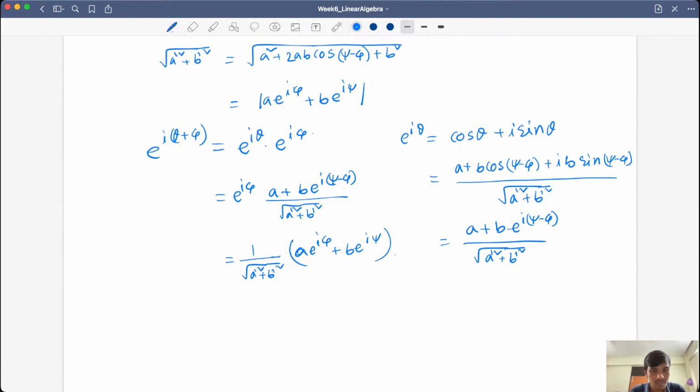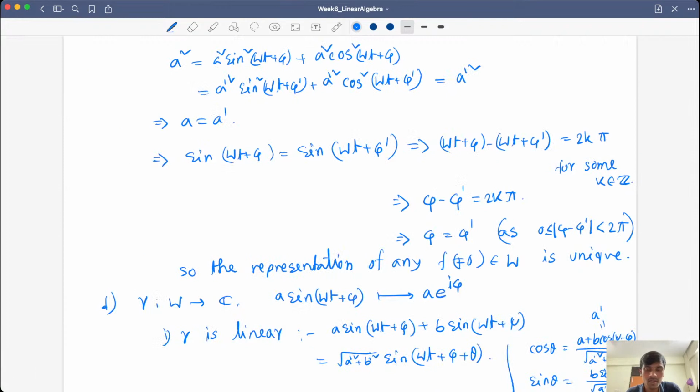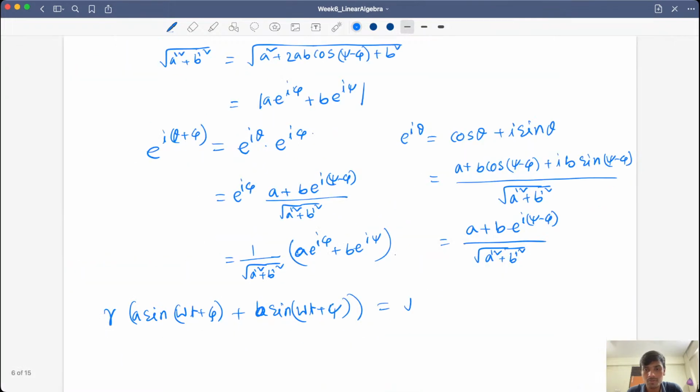So finally, if I write this gamma map, a sin omega t plus phi plus b sin omega t plus psi, on one hand gets mapped by gamma, as defined, to root over a prime square plus b prime square into e power i phi plus theta.